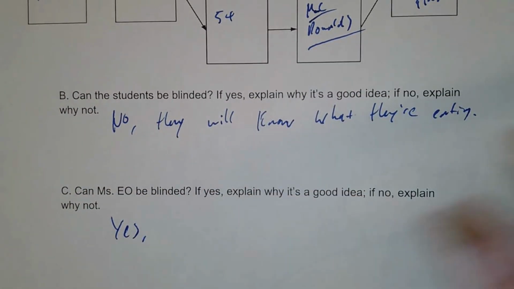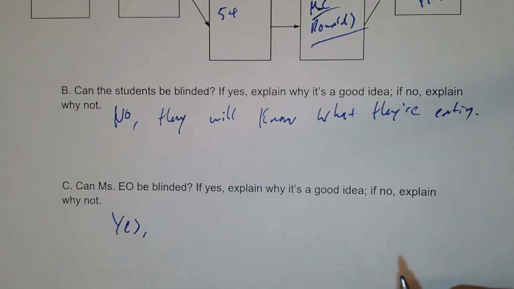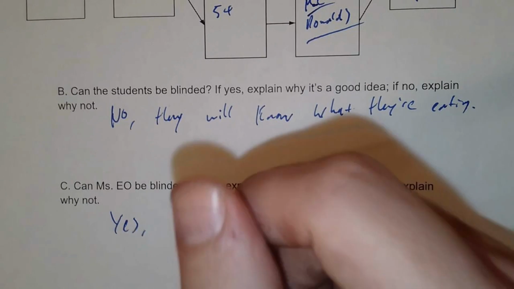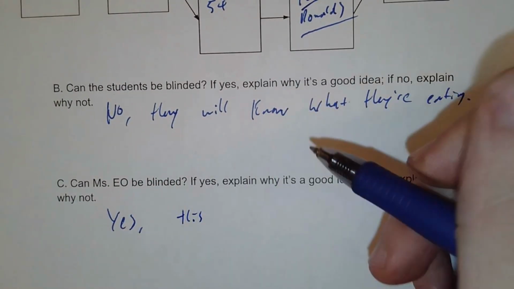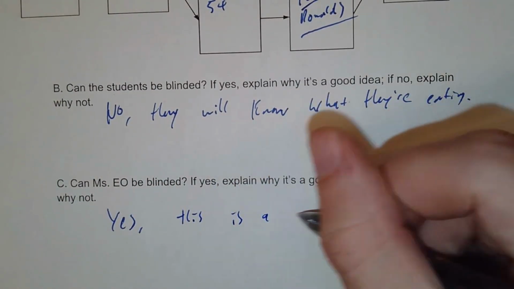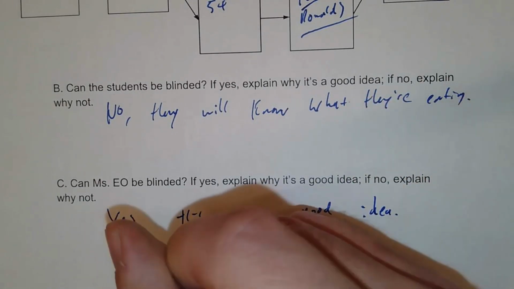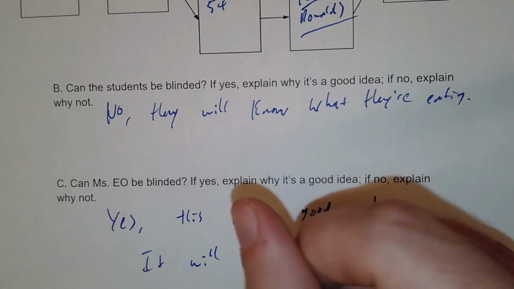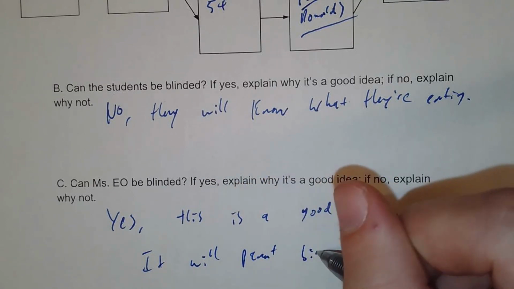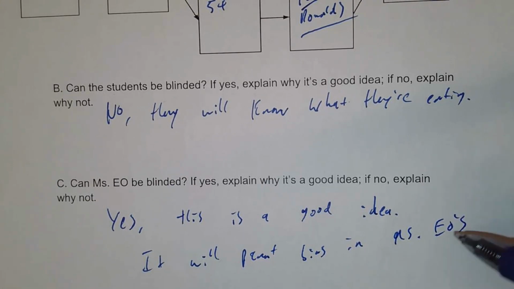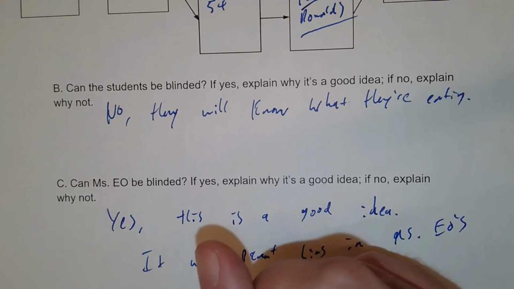Someone else would have to organize, there would have to be a system in place, but she can absolutely do this without knowing who's doing what. And this is a good idea, because it will prevent bias in Miss EO's analysis.